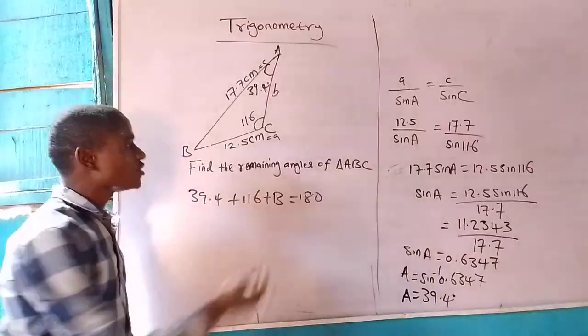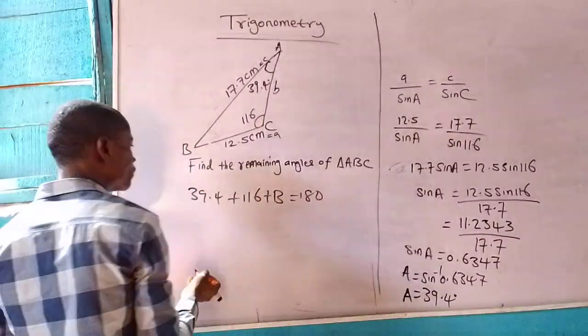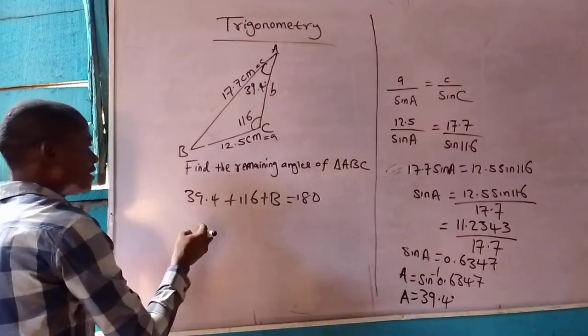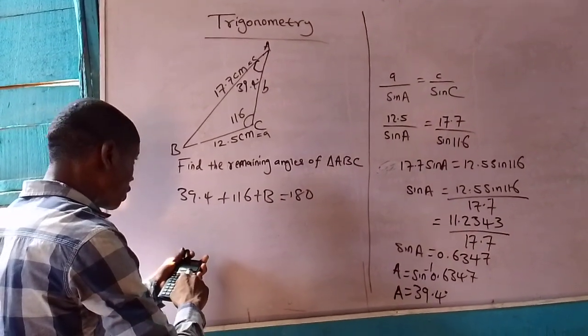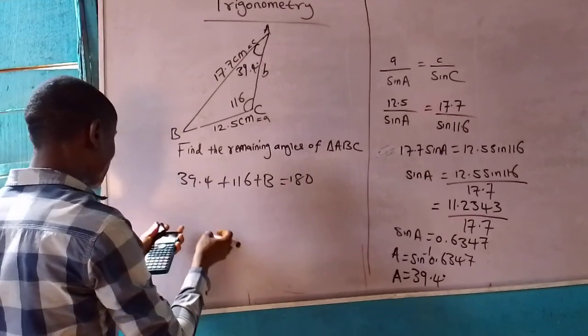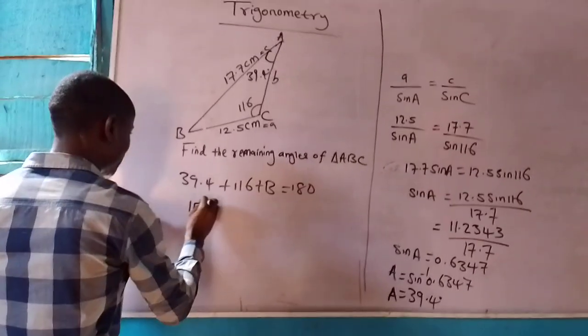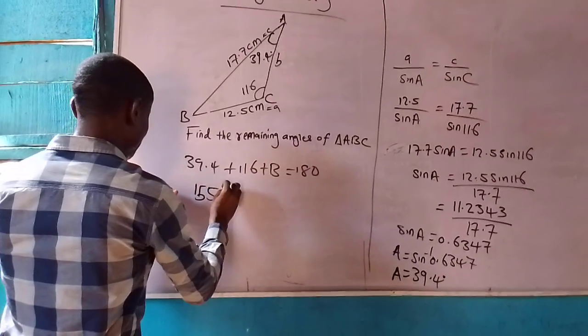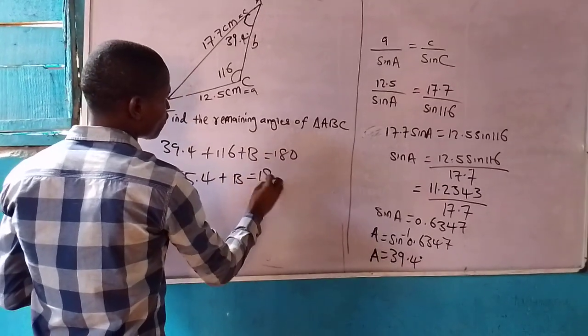The reason is that the sum of angles in a triangle is equal to 180. What do we do then? We just add this. 39.4 plus 116, we have 155.4, plus B equals 180.